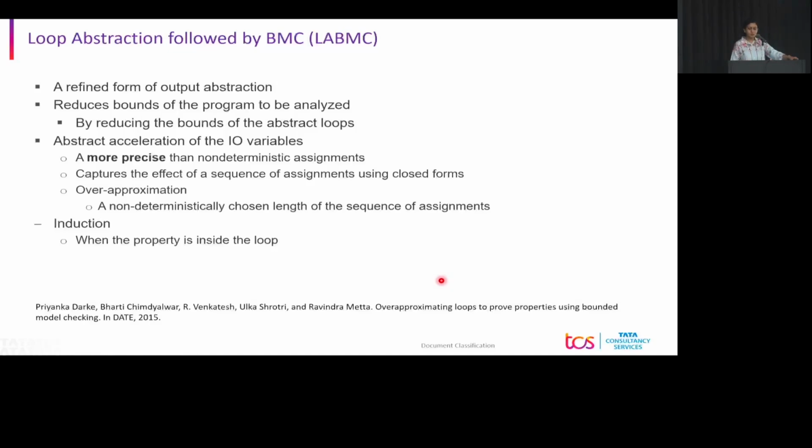So here we are going to present a very simple approach to that also. In output abstraction, like we said, by doing some simple structural analysis, we were able to reduce the bounds. Now we'll do a similar structural analysis to find closed forms for acceleration. We also apply induction when the property is inside the loop body. So that makes it more precise.